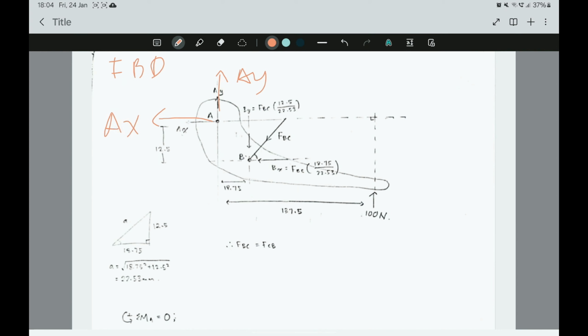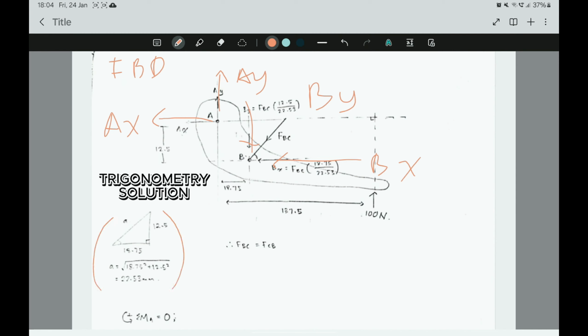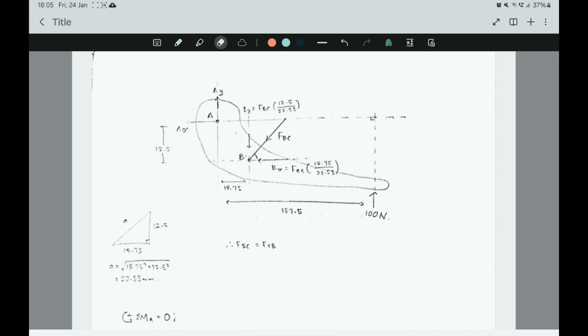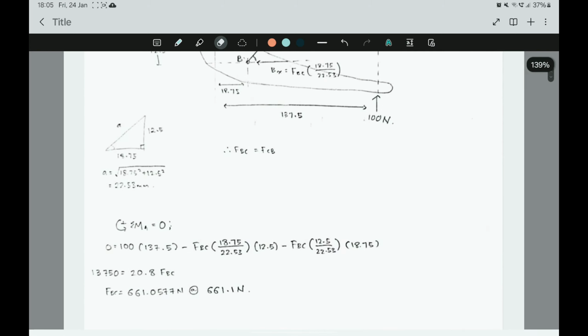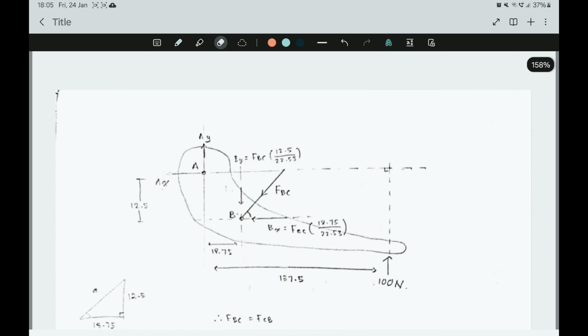And at point B we have FBC, BX and BY. So this is the solution on the triangle. And then what we're going to do is take the moment at A, and I assume that counterclockwise is positive.